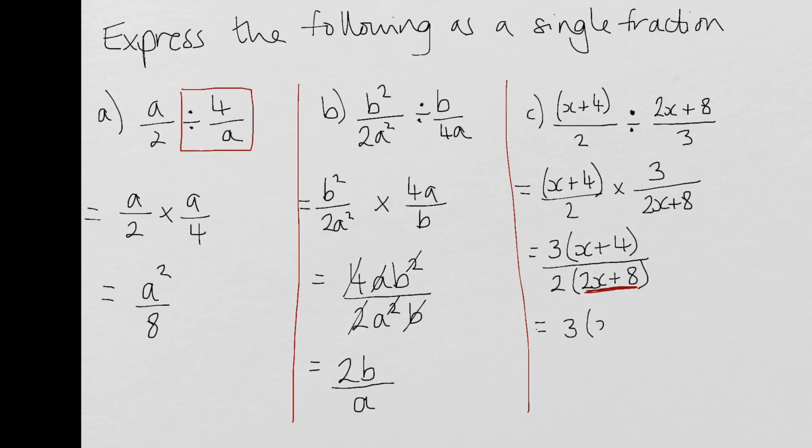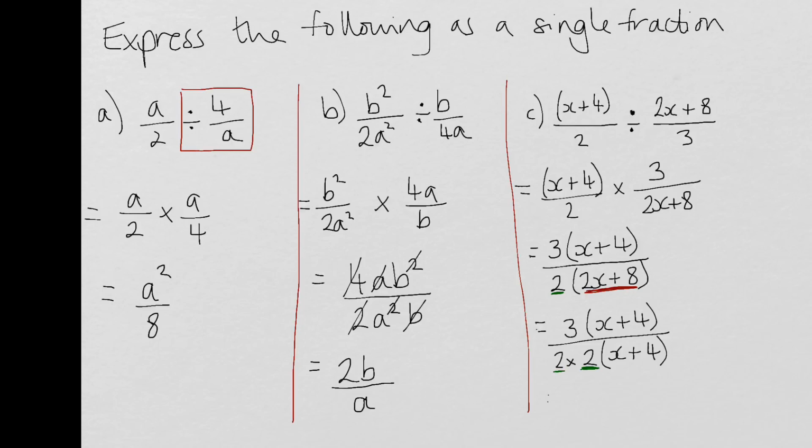So I've got 3 brackets x plus 4 over 2 times. Now if I factorise it, what goes into 2x and 8? 2 does. So that would be times the x plus 4. Now because I've taken out a factor of 2, we are still multiplying that by the 2 that we had before.